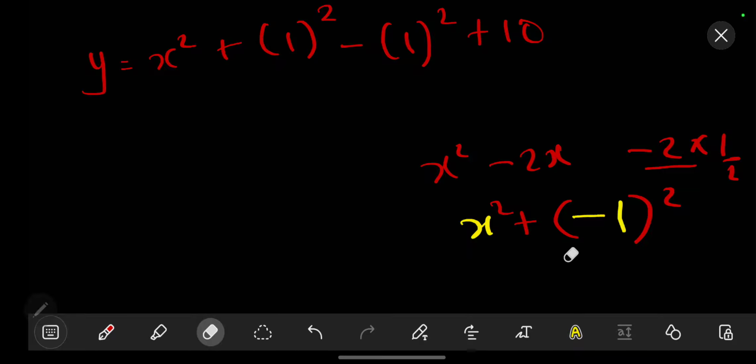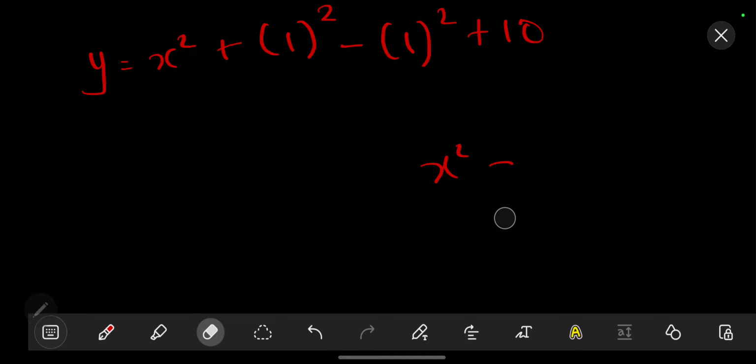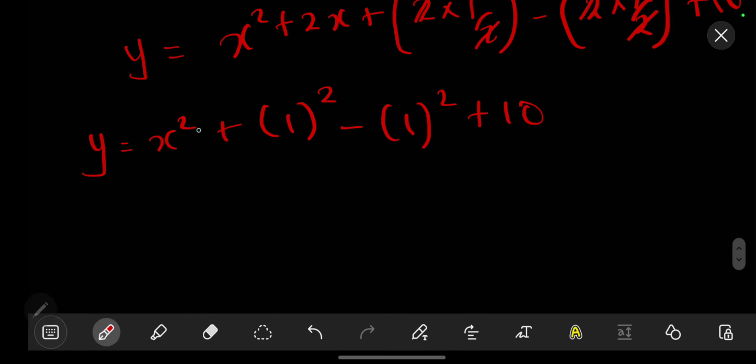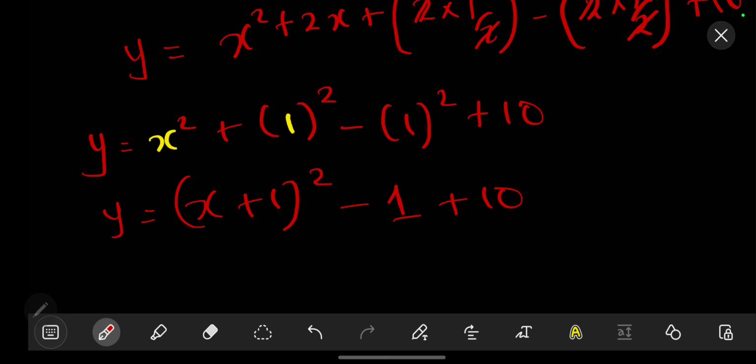But in this case, since it is just positive, this will be very direct, in which case we just take the one that is adding and say y should be equal to, you pick the one x value and also the plus 1, then squared, then we have minus 1 squared is 1, then we have plus 10.